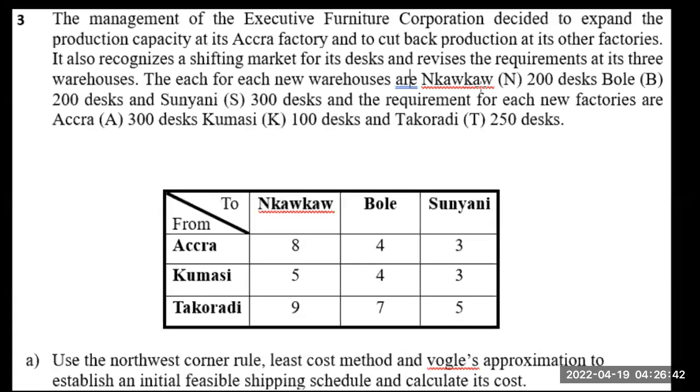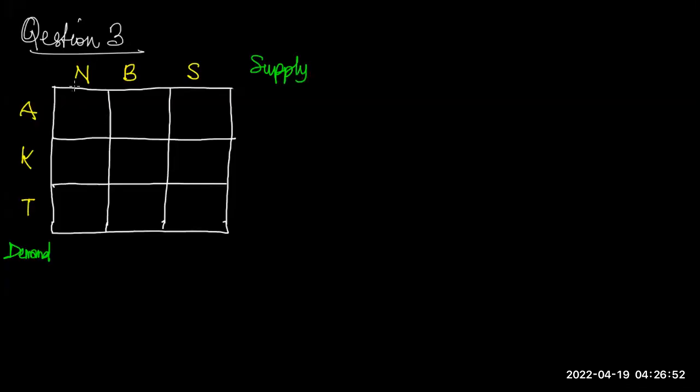Let's enter the elements given here. We have 8, 4, 3. You can put that in square brackets at the top corner. Then 5, 4, 3.